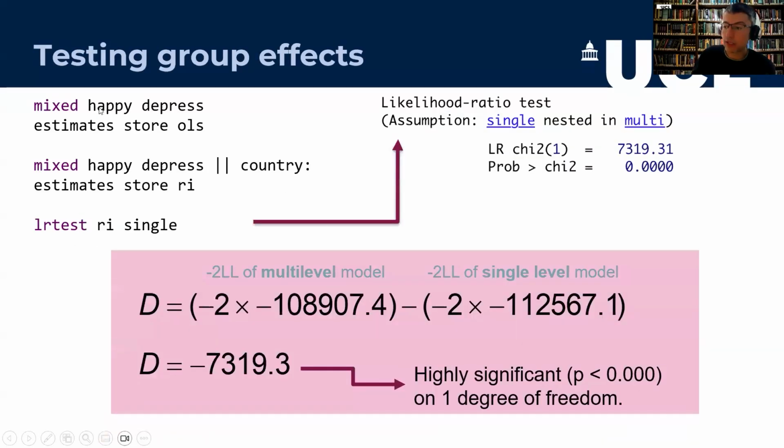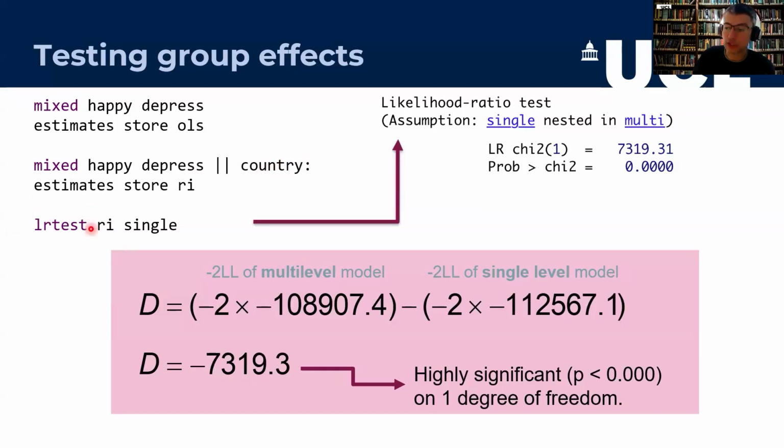So if we had the same model with happiness and depression, with and without the accounting of the structure of the data, you can see here that we are just calculating a standard linear regression model where we don't tell Stata that these data are nested within country. Whereas in this case here, we actually tell Stata that it has to account for the structure of the data and the fact that these observations are nested within country.